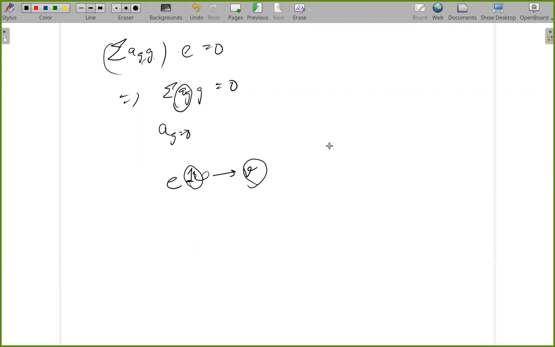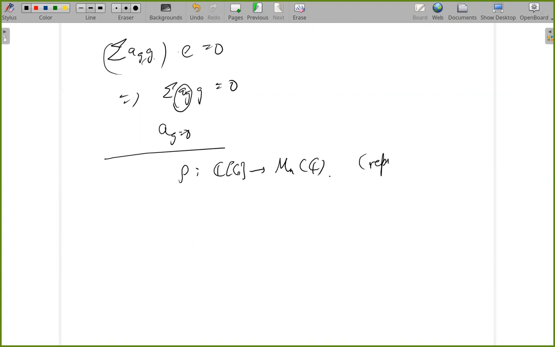So I think I should have set up the notation. Let's say rho is a map from CG to something like M_n(C). So this is a representation. And then you have the left regular representation that naturally comes with the CG.